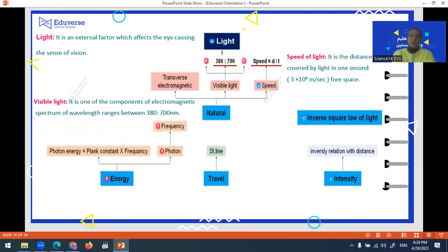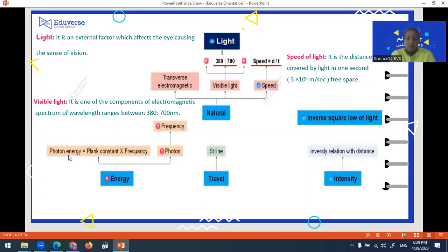I will say that the photon energy equals the Planck constant, which is named after the scientist Max Planck, who added this constant, times the frequency.